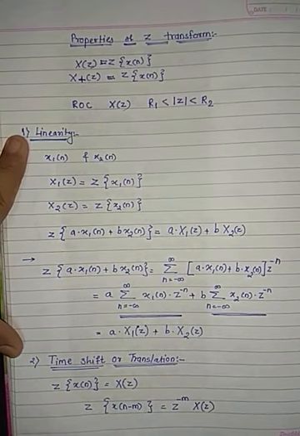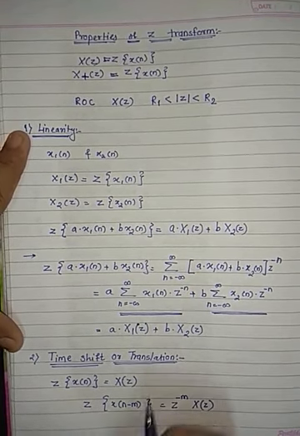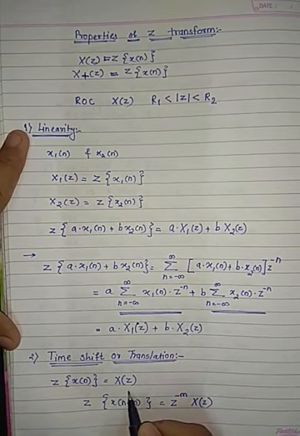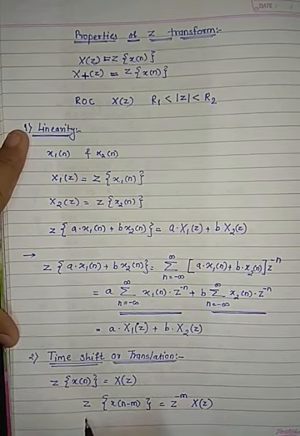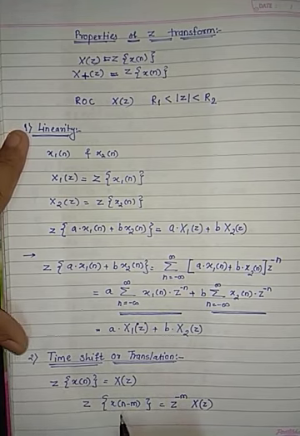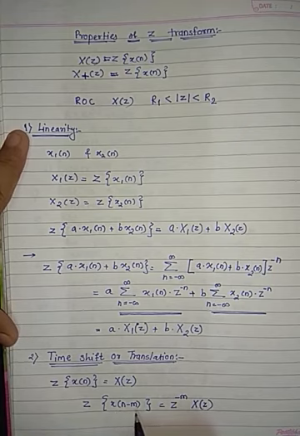This is the time shift property. If the Z transform of x of n is X of z, then the Z transform of the time shifted x of n, that is x of n minus m, is equal to z raised to minus m multiplied by X of z.